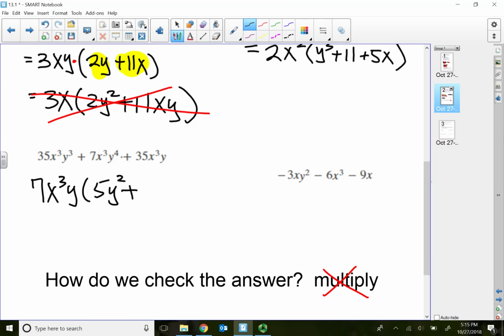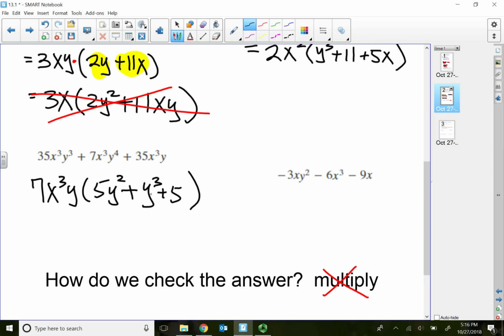Take 1y away from 4, y to the third is left. That's what's left over for my second term. 7 going into positive 35 is positive 5 times. Take all 3x to the outside, no x left. Take the only y to the outside, no y left for my 5. So that must be my answer.